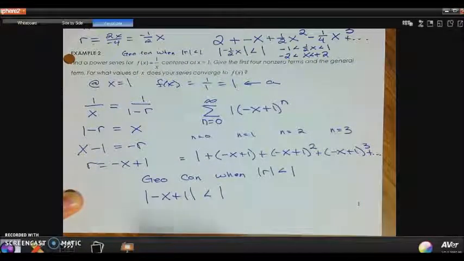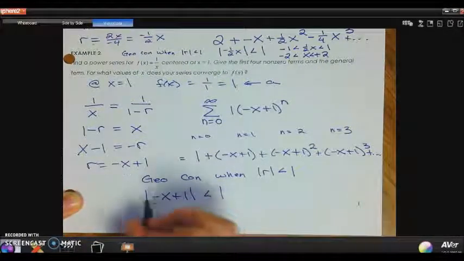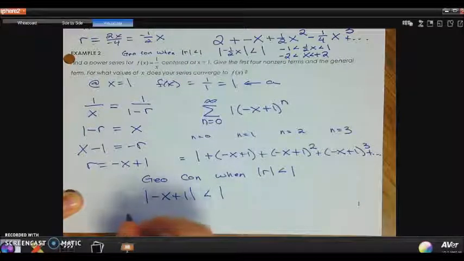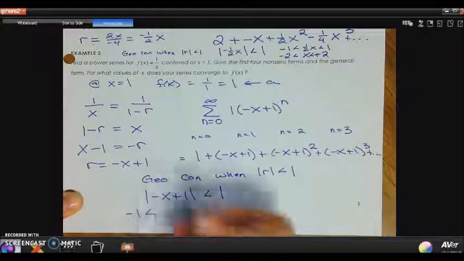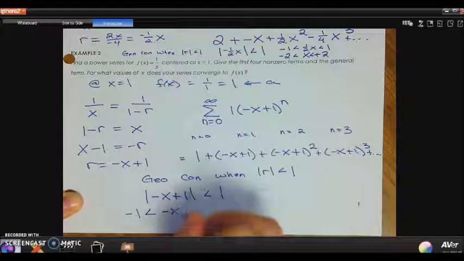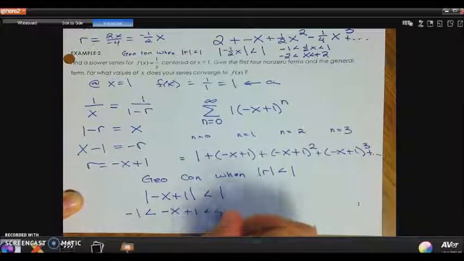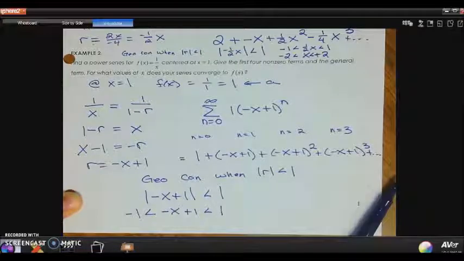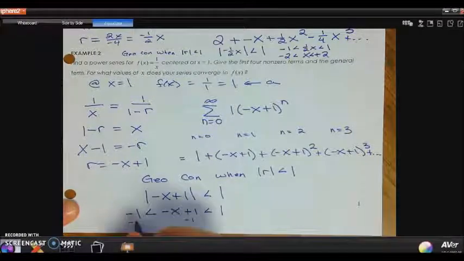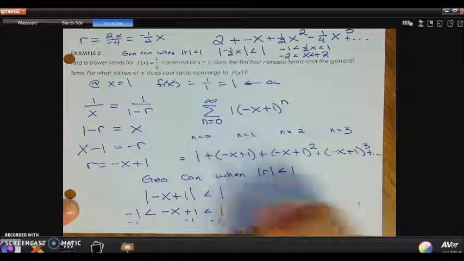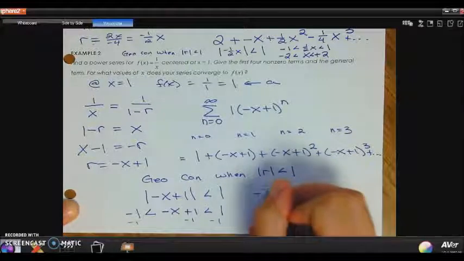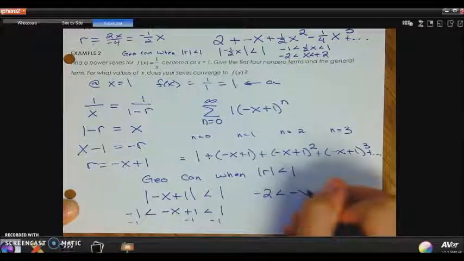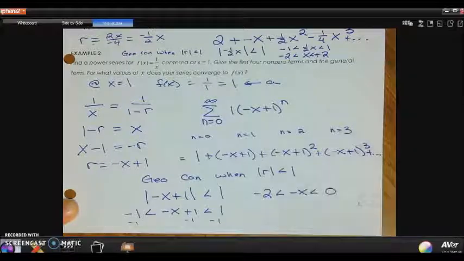And again, to break the absolute values, you set it equal to that on both sides. And now you're going to subtract 1 from each side, and then you're going to have to divide by a negative. Be careful when you divide by a negative because you are going to have to flip. So subtract 1, and I'm just going to go up here so it doesn't get cut off. So I have negative 2 less than negative x less than 0.